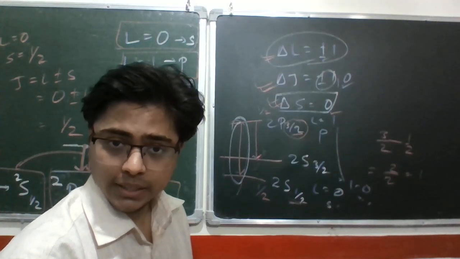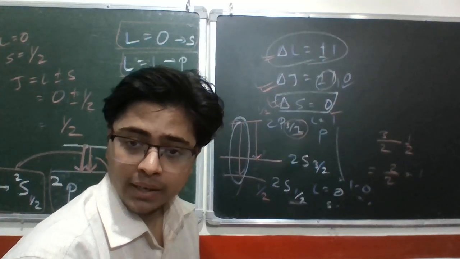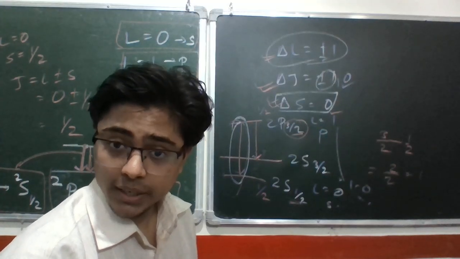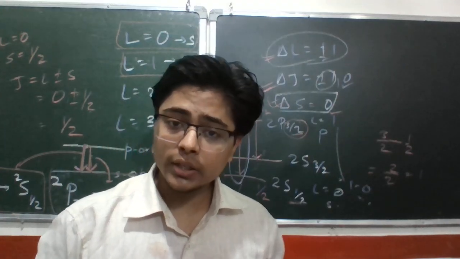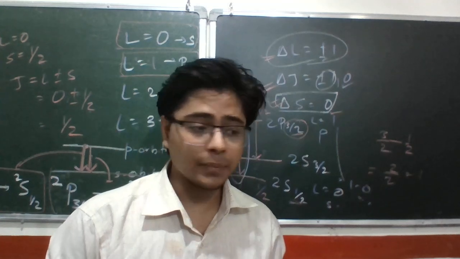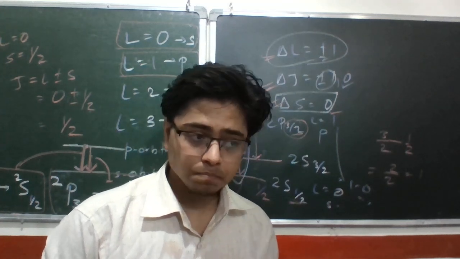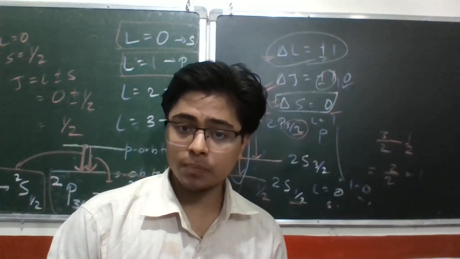If any of these selection rules are not satisfied, that means that spectral line is not real. It's a theoretical result that it is possible, but it is not so probable that it would be seen in an experiment. Okay, so these are the selection rules for the existence of spectral lines.